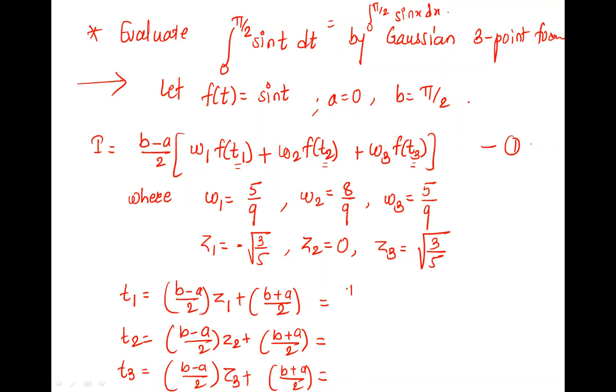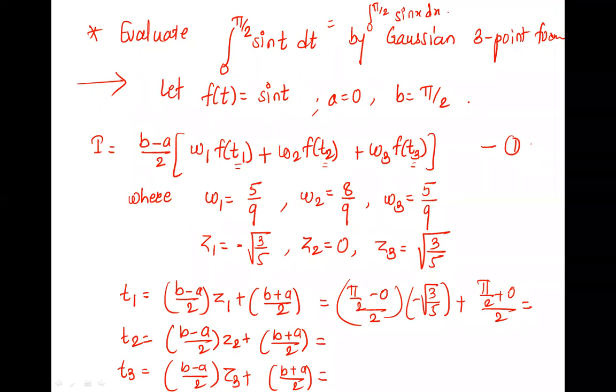b is pi by 2 minus 0 by 2 into Z1, minus root 3 by 5, plus b plus a, pi by 2 plus 0 by 2. So I think you should be in radian now. या व्हॅल्यूजला ओके. इथे साइन वगैरे नाहीये तरी पण तुम्ही रेडियन मध्ये कॅल्सी घ्या आधी आणि मग सॉल्व करा. साइन साठी आहे. Tell me the value.